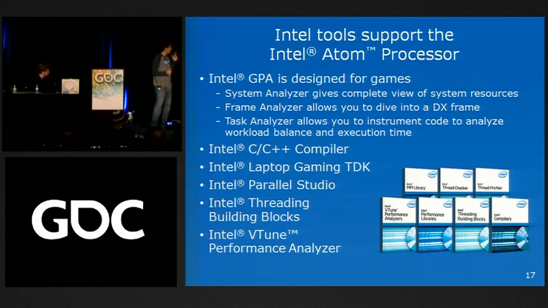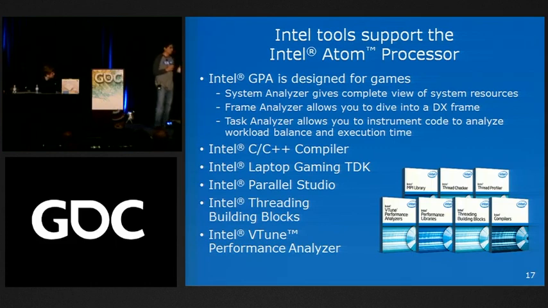The GPA, Intel Graphics Performance Analyzer, was developed specifically for games. So if you're creating a game, this is a really good tool to have because it lets you drill down into a DX frame and see all the draw calls and what's being drawn and what's taking more time.